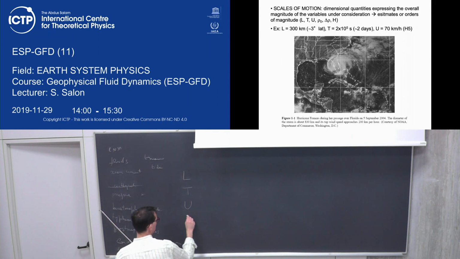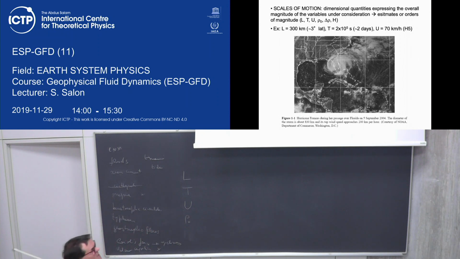Rho 0, which is a Greek letter, when we talk about density. Delta rho when we talk about density variation. Very important, because we are talking about stratification, don't forget. Always, rotation and stratification, your best friends from now to the next year. And finally, capital H, when we consider the height over which this density variation is acting.